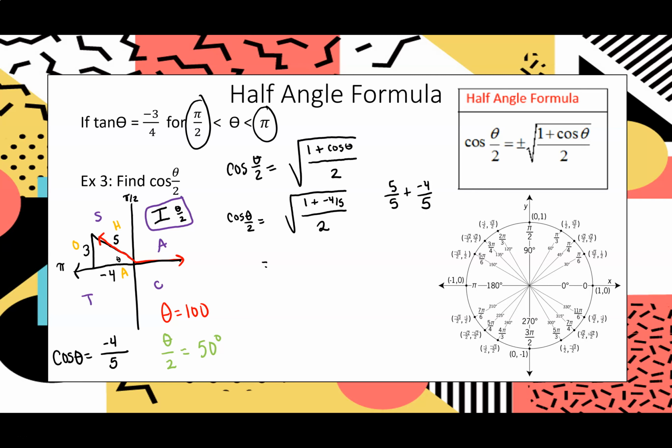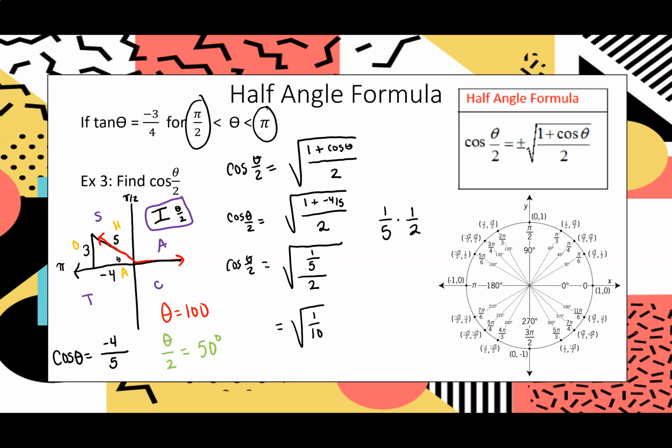Of course, that's going to give us 1/5. Okay, so 5 plus a -4 is a 1, and of course we keep our common denominator. And don't forget about your divide by 2. So now, if I want to do 1/5 divided by 2, you should know that 1/5 divided by 2 is the same thing as 1/5 times 1/2, which is equal to 1/10.